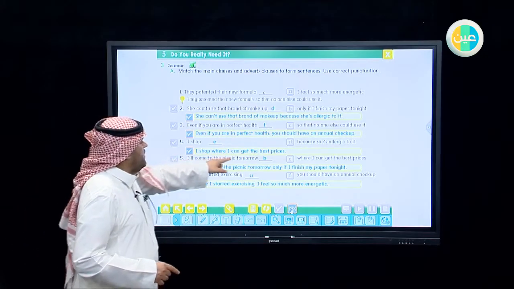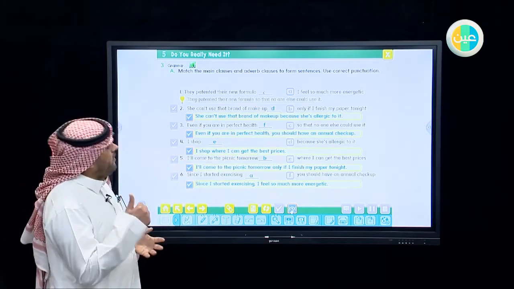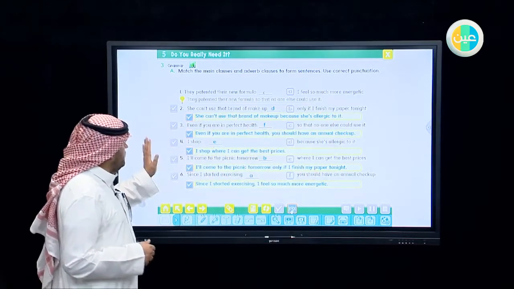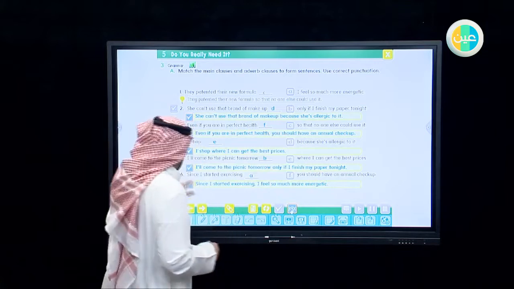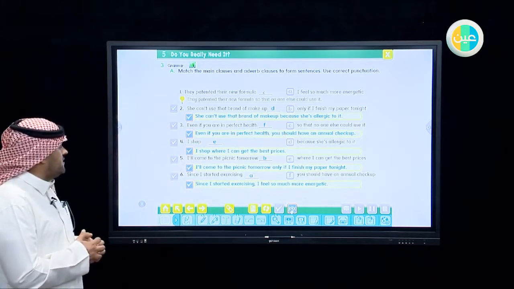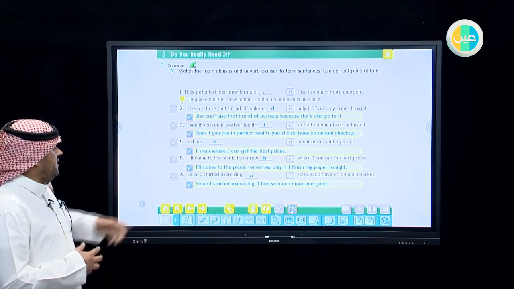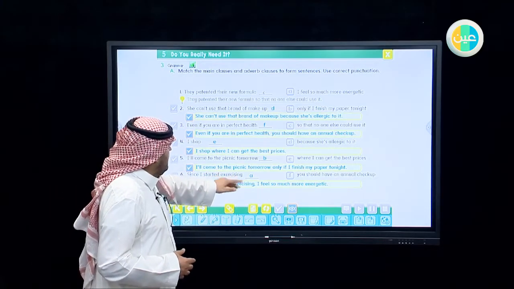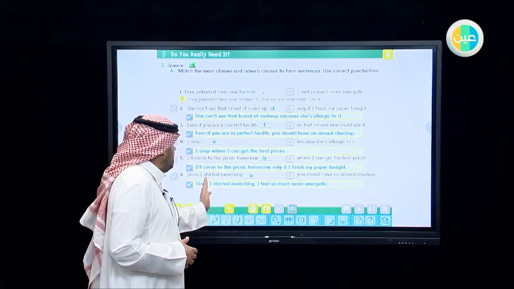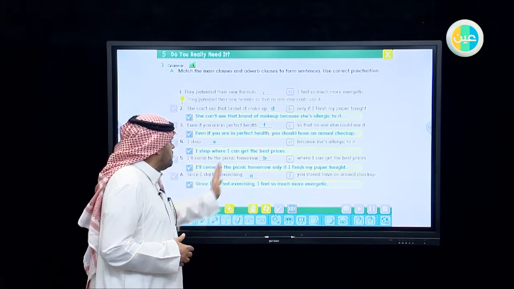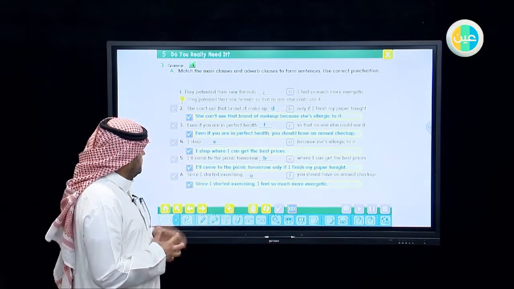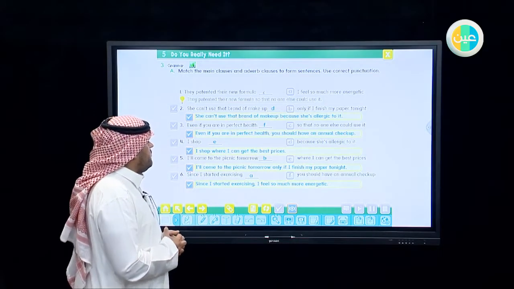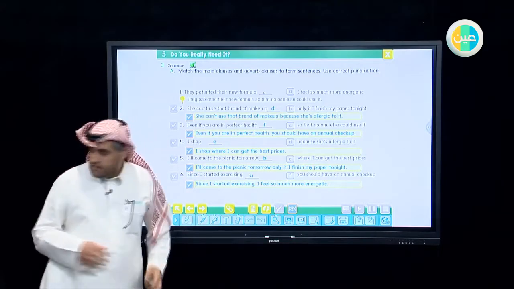I will come to the picnic tomorrow, only if I finish my paper tonight. Okay, so no need for a comma, as you see here. Number 6, since I started exercising, okay, here we use the comma. Why? Because we are separating the dependent clause from the independent clause. Okay, so since I started exercising, I feel so much more energetic.